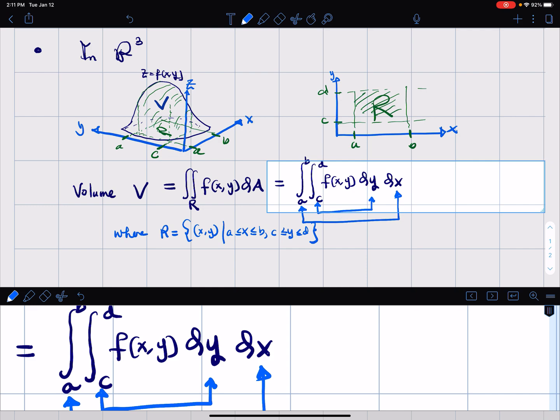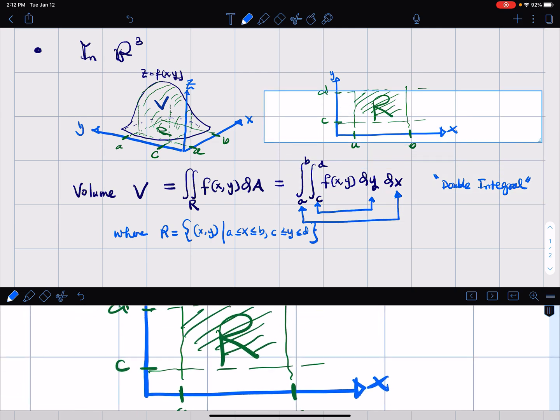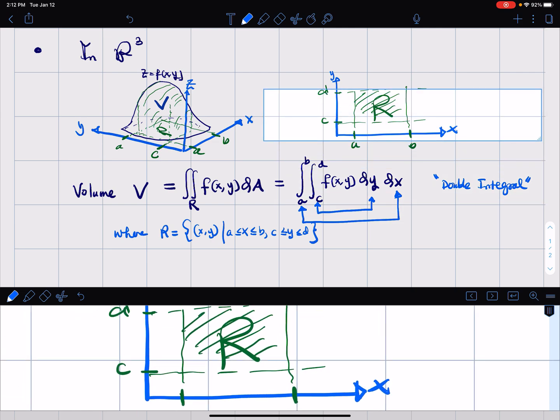So this is a double integral. We're eventually going to look at triple integrals, but let's start with double integrals. And this double integral is quite easy for now because it's a rectangular region. And you'll see what I'm saying down the line.